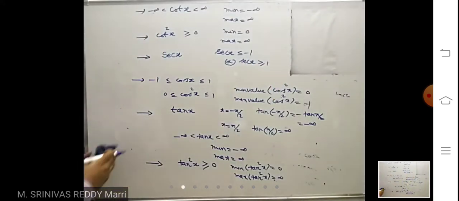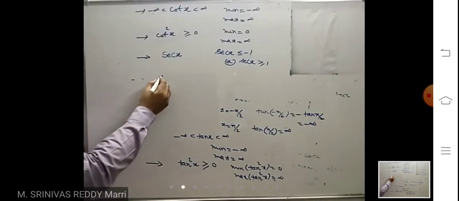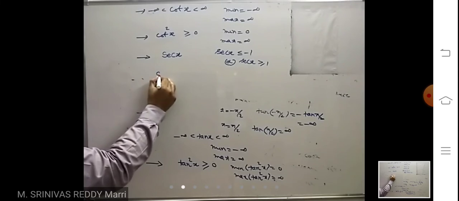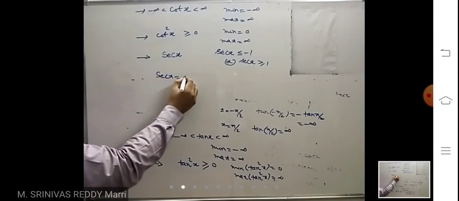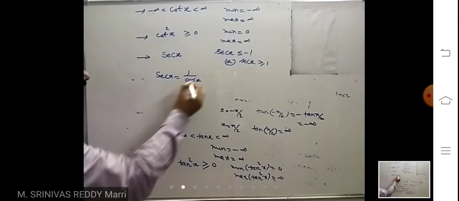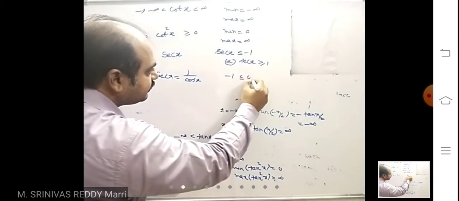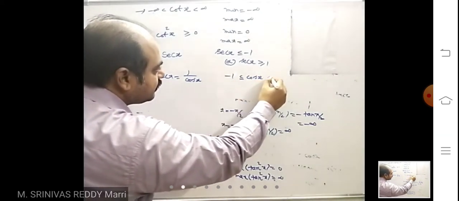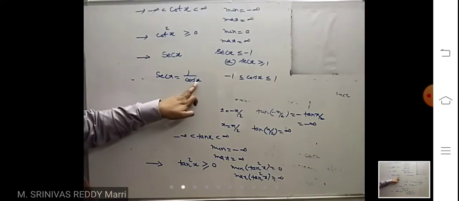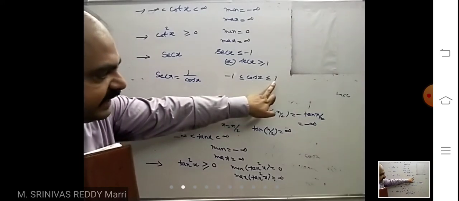Look at this: secant x is nothing but 1 by cos x. Now you know that cos x lies between minus 1 and 1. Now in the denominator, the value is between minus 1 and 1.